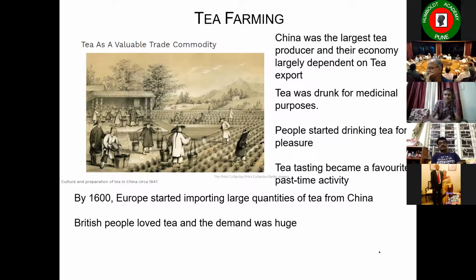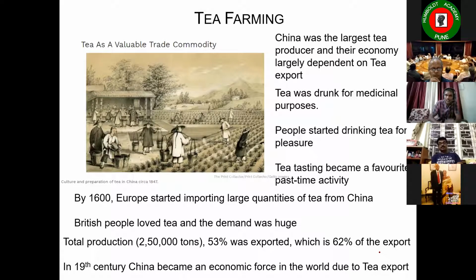By 1600, Europe started importing large quantities of tea from China, and particularly British people loved tea, and the demand was huge. If you look at what China did, China was producing about 250,000 tons of tea, and 53% was exported. So they kept 47% for themselves.